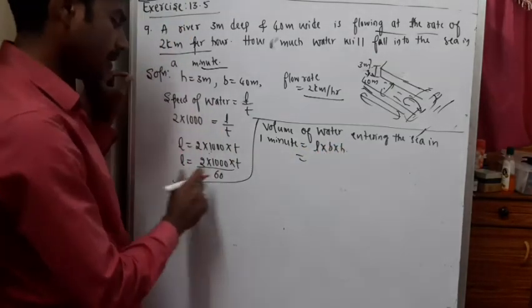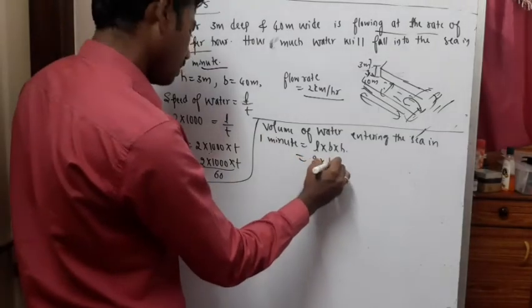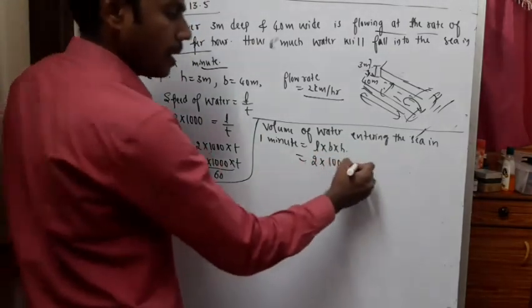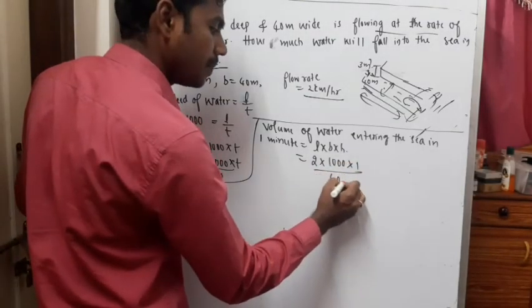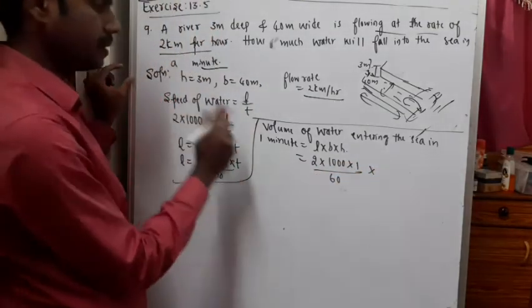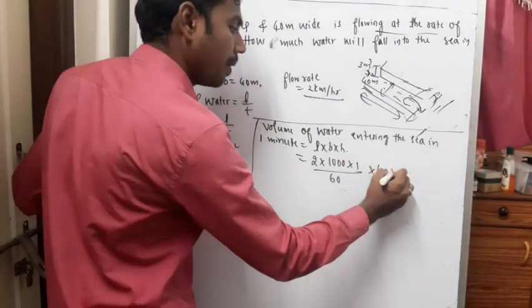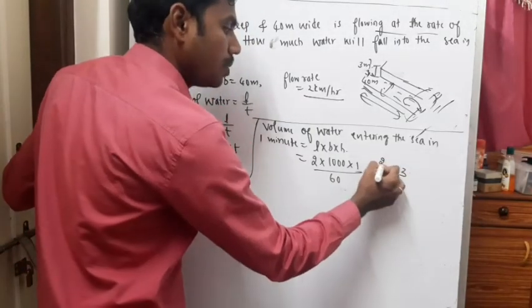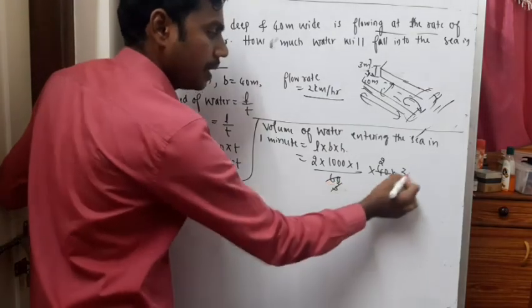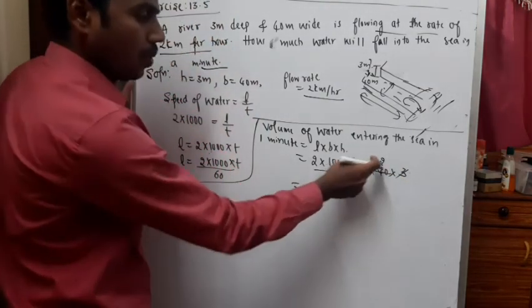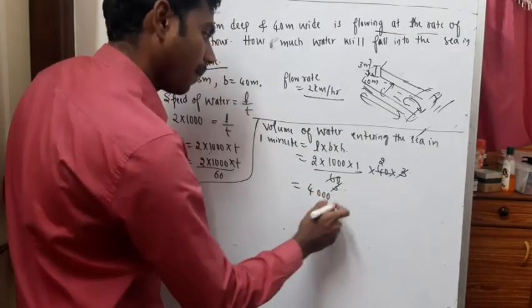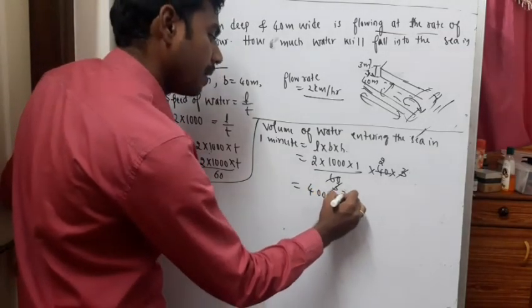Just now we calculated, that is 2 into 1000 into the time, 1 minute, divided by 60, into breadth which is 40, into height which is 3. 2 twos are 4, 3 threes are, this 3 will get cancelled. 2 twos are 4. 4 into 1000, 4000 meter cube.